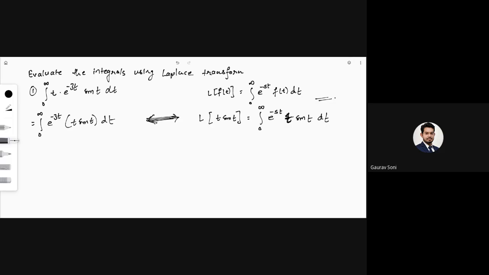Can you compare the two things? Sir, it's almost the same. There is some difference. t is multiplied on both the sides. I mean, here too you have t times sin t.